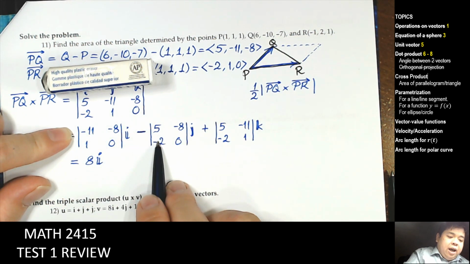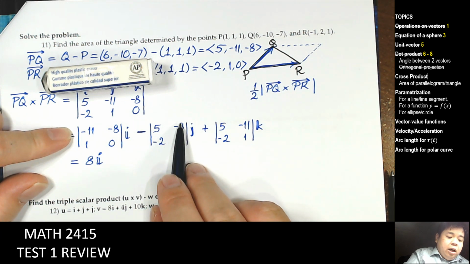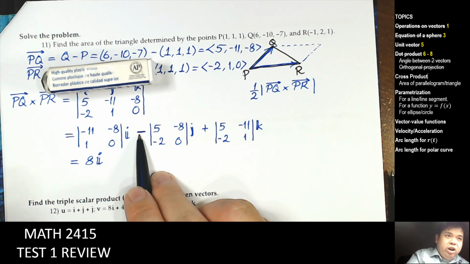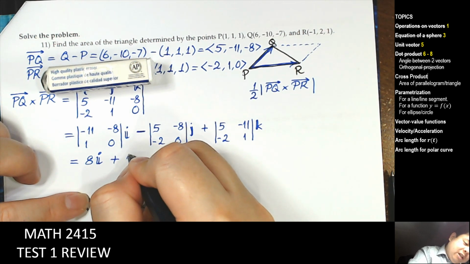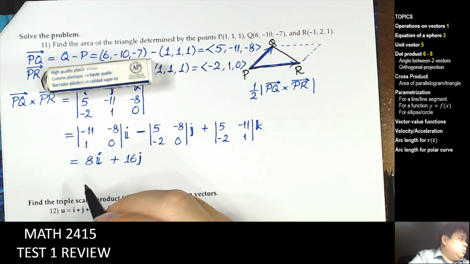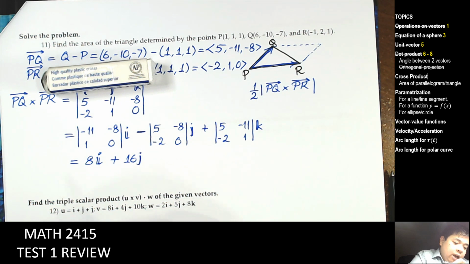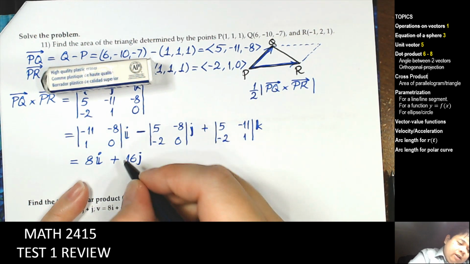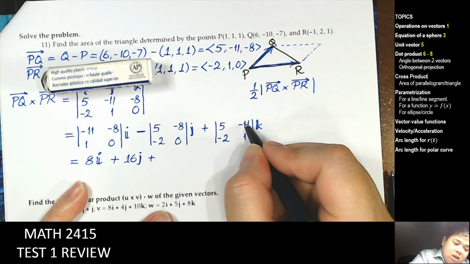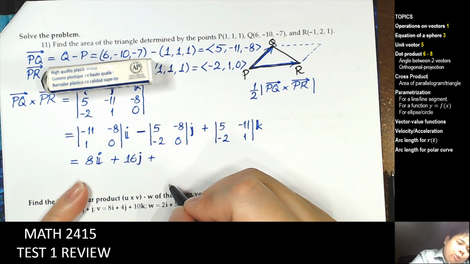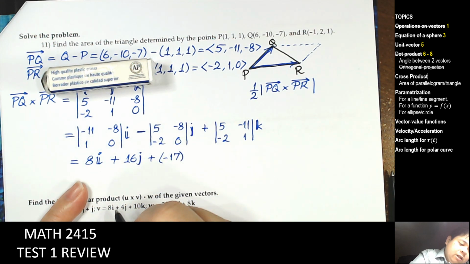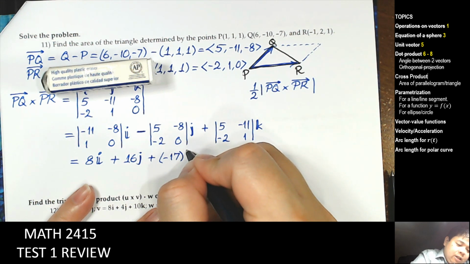So 0 minus negative 8, that's 8i. For j, that is 16 with another minus, so it's 16j. And then for k, 5 minus 22, that is negative 17k.